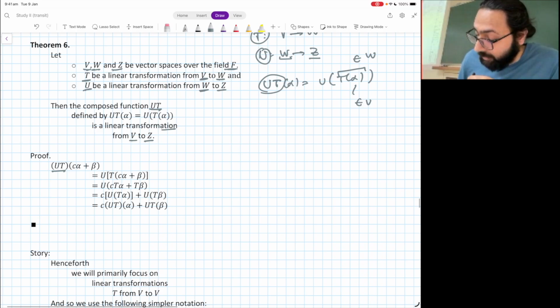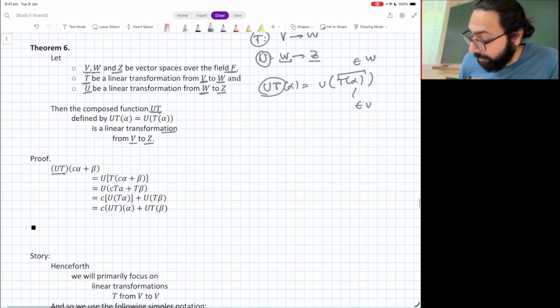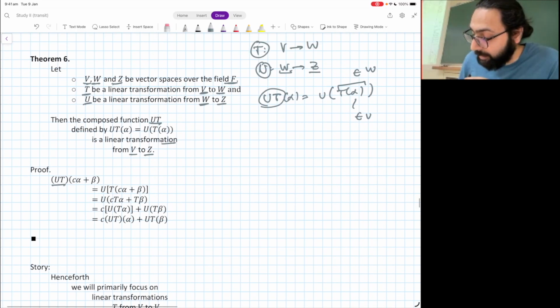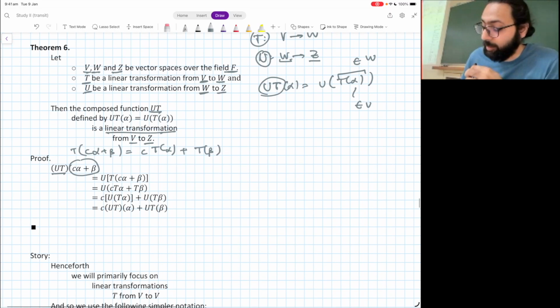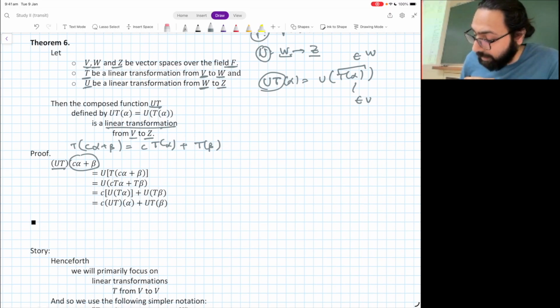So the proof is as follows. How do you prove something is a linear transformation? This is the definition: the transformation on c alpha plus beta has to be the same as c times T alpha plus T beta. This is the property that you want to check. So let's see if this is the case.